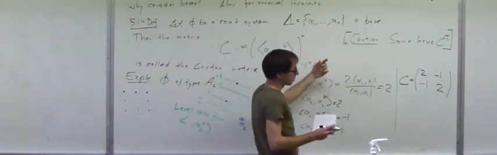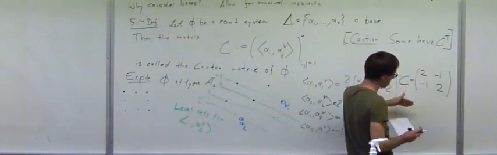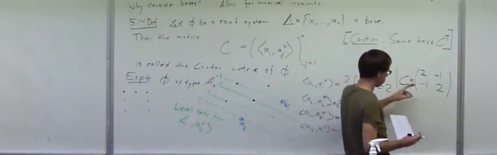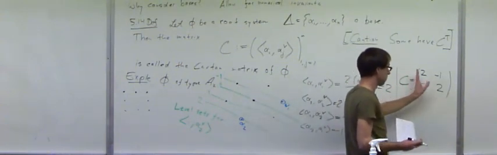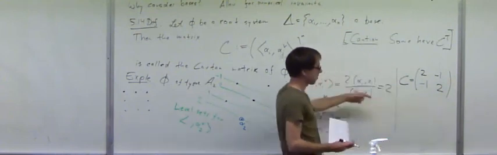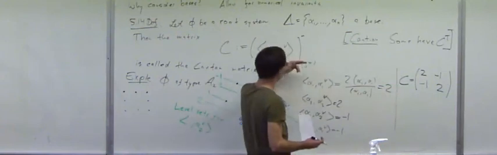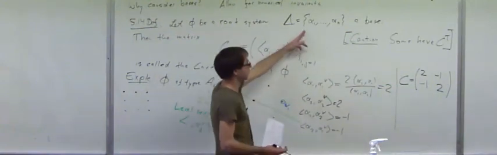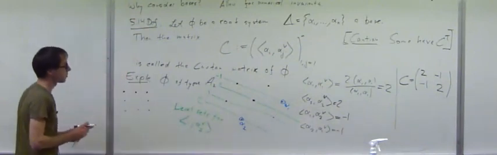This would correspond to a relabeling of the rows and columns, so a permutation of this matrix. I would have to permute the columns, and then permute the rows in the same way. Then I obtain the same matrix, just with respect to another ordering of the elements of the base.